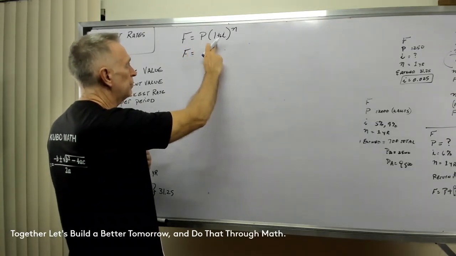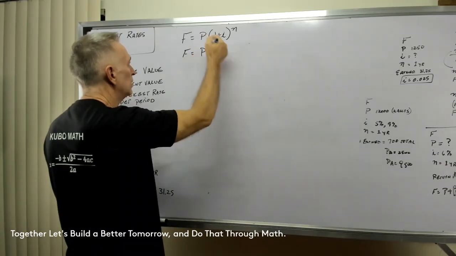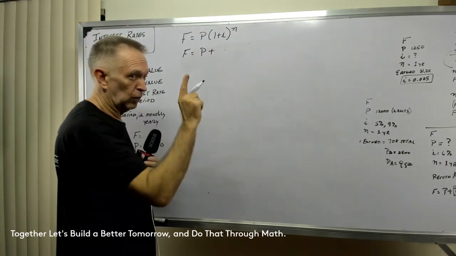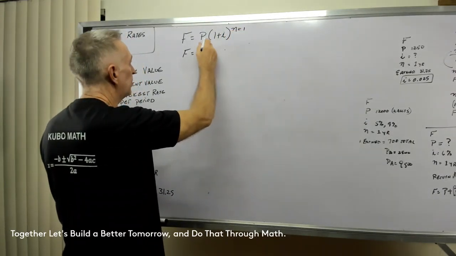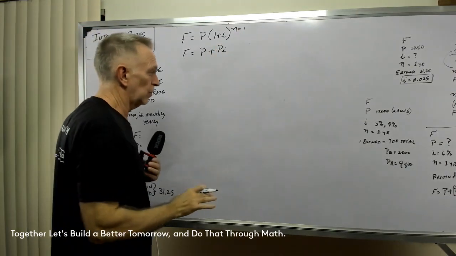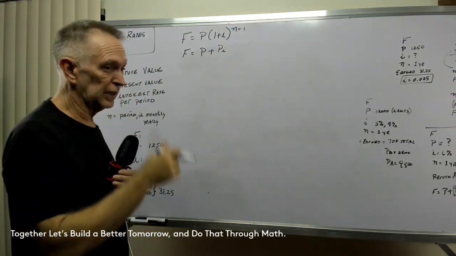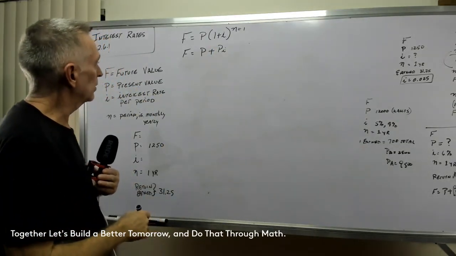Let's go back to another definition. If I distribute P into this, P times 1 is P, plus, now I'm letting n be 1, so n equals 1, P times i is Pi. Remember, n is 1, otherwise I can't do this unless I took the natural log and got n down somewhere else.